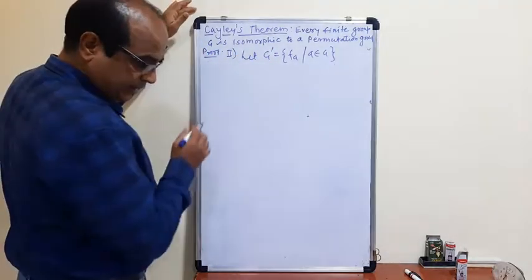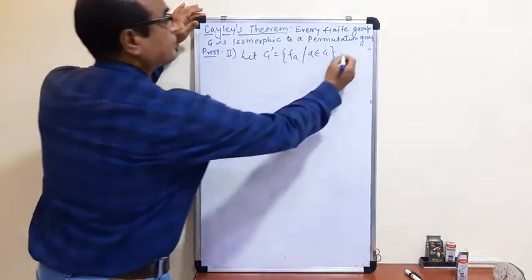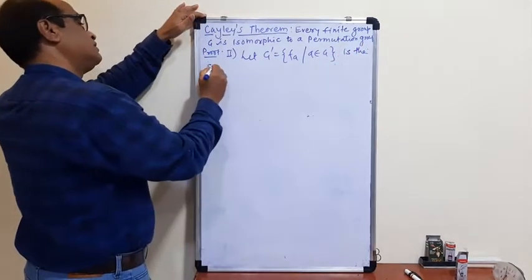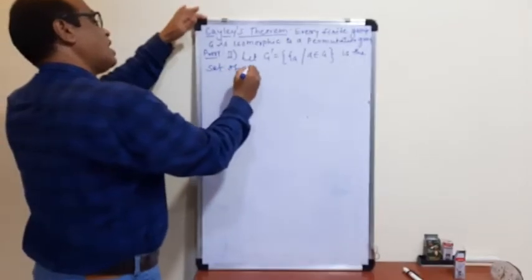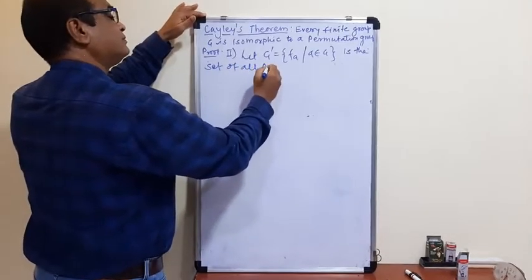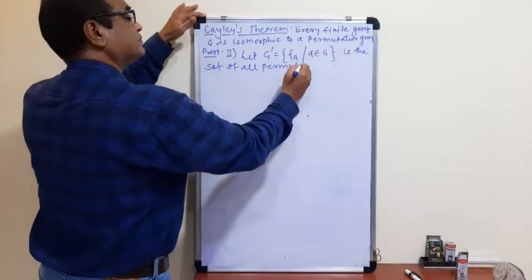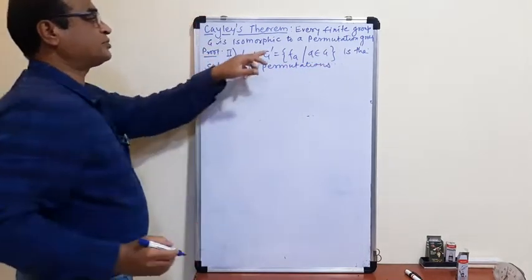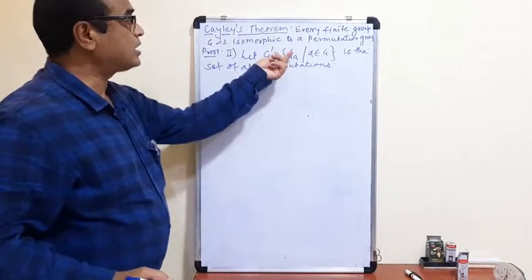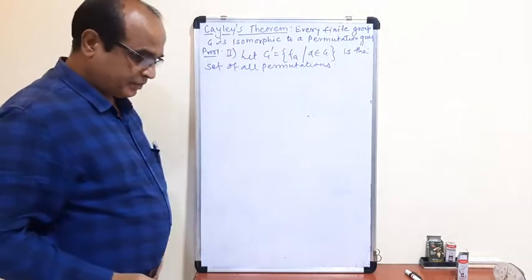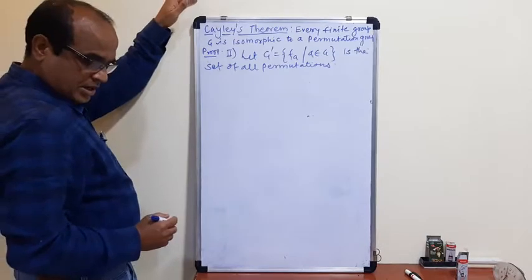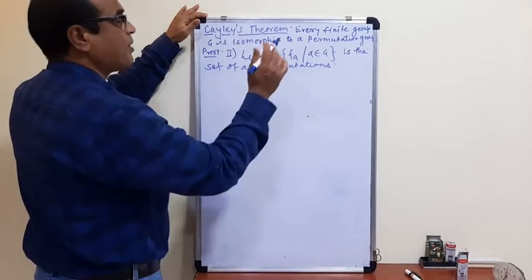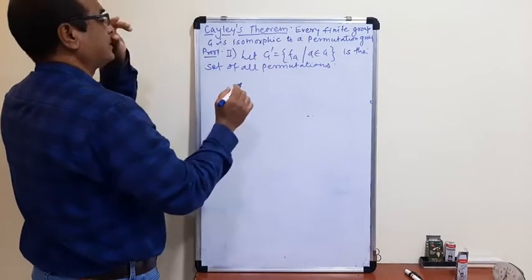So G dash is the set of all such permutations of order n, of degree n.